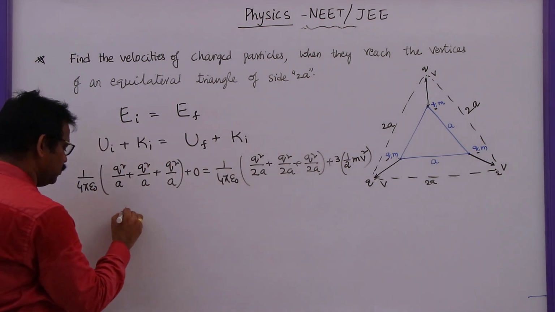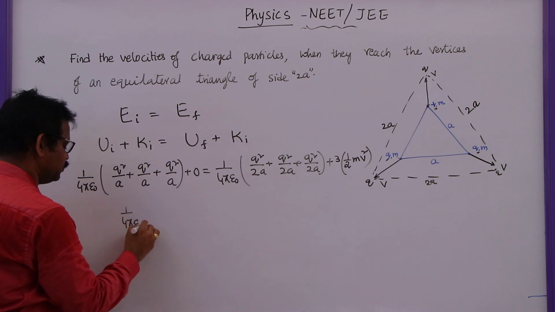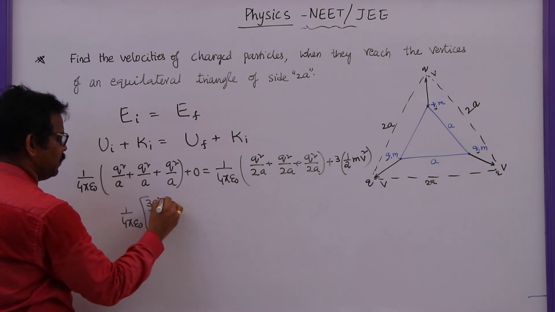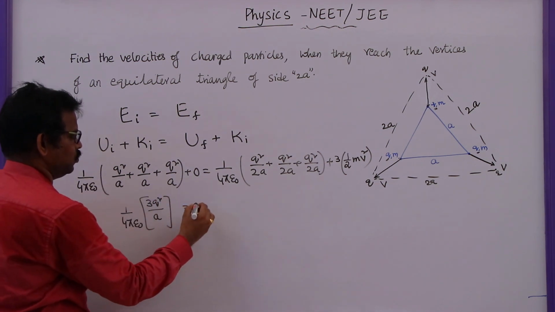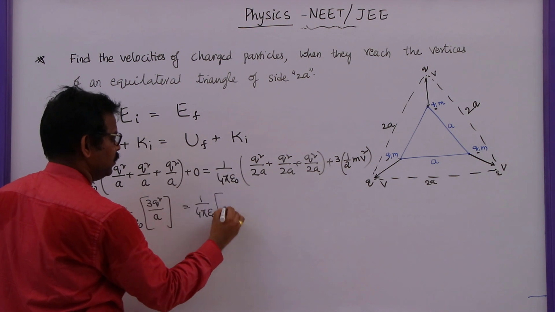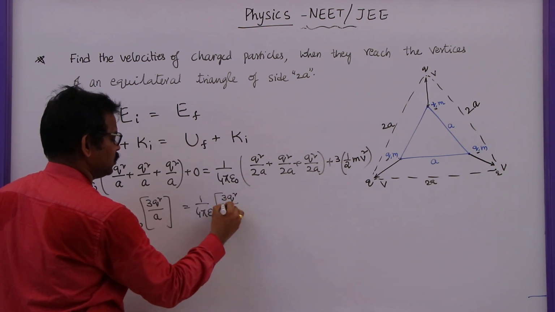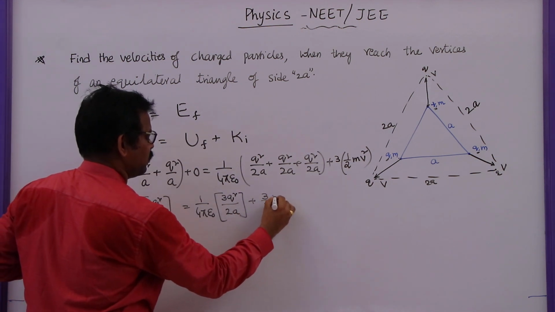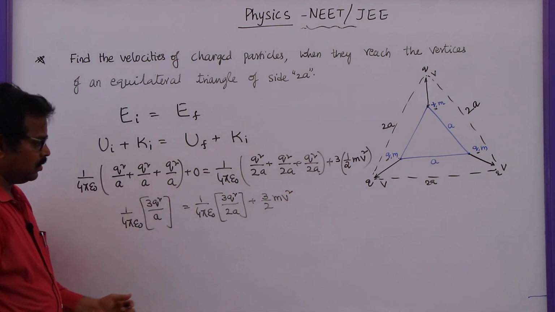So from this what we can write? 1 by 4 pi epsilon naught times 3q square by A is equal to 1 by 4 pi epsilon naught times 3q square by 2A plus 3 by 2 m v square.